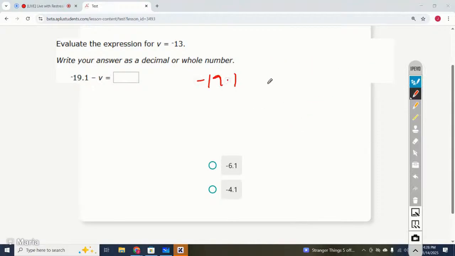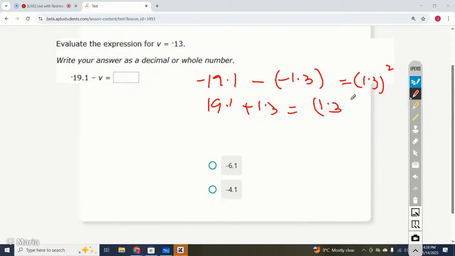That is negative 19.1 minus v is negative 1.3. So that is 19.1 plus 1.3. So let's just evaluate.